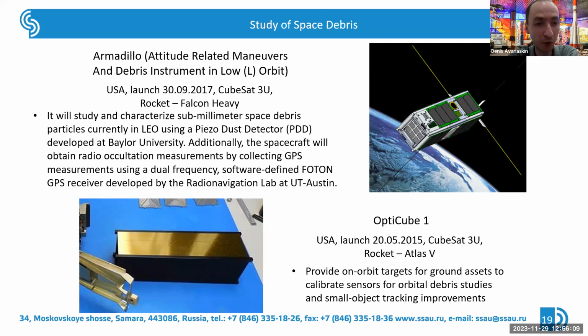It was an American satellite, and the next one had a good reflection to test the technology of monitoring space debris from the ground. So we can see this satellite, even with not very powerful optics, in space, because it has a very good reflection.